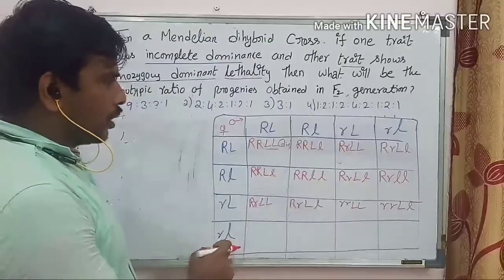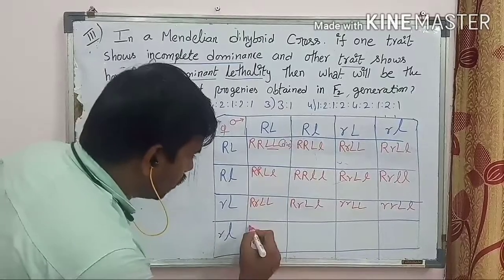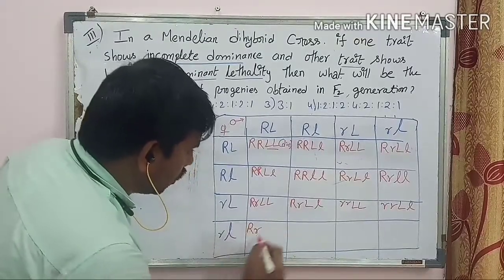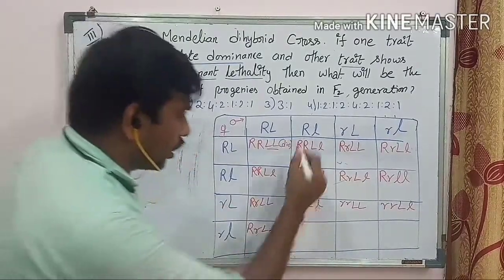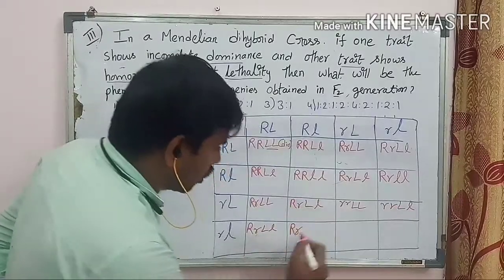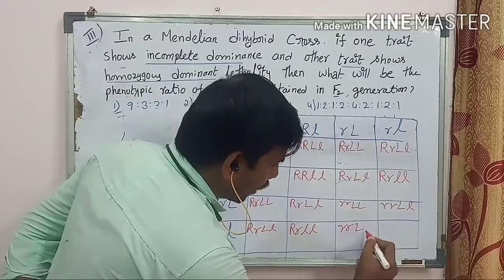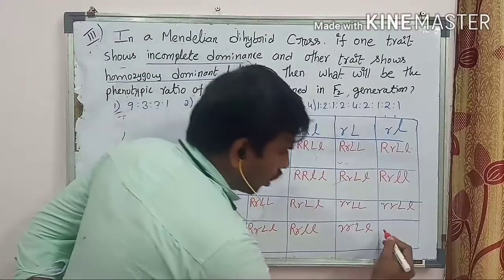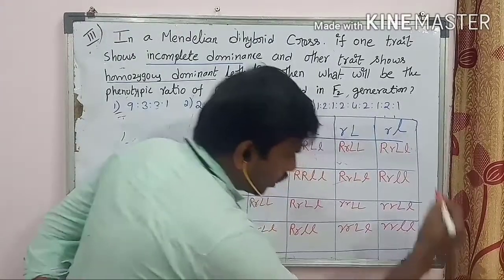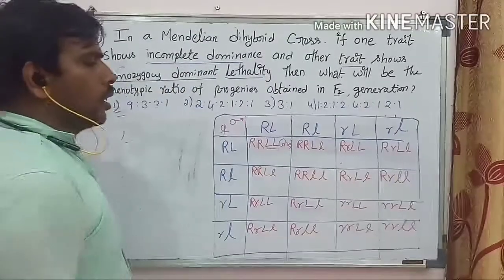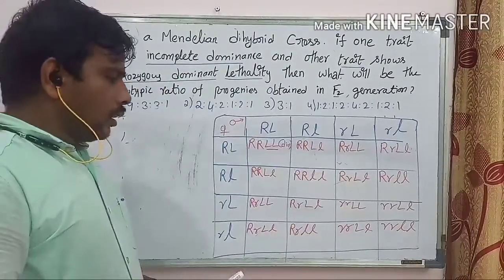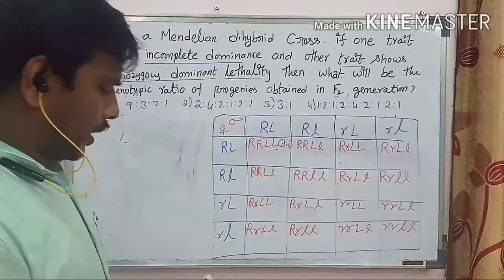Take the fourth gamete with all the four different gametes: capital R, capital L, small l, and capital R, small l, small r, small r, capital L, small l. Now small r, small l, small l. So when you are referring to small l, that is in recessive condition, and capital is dominant condition.